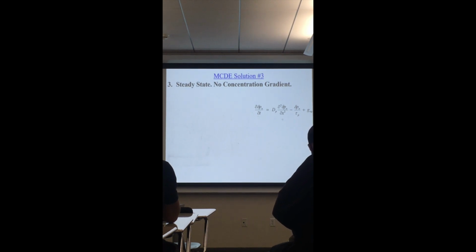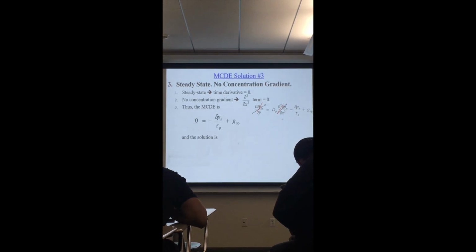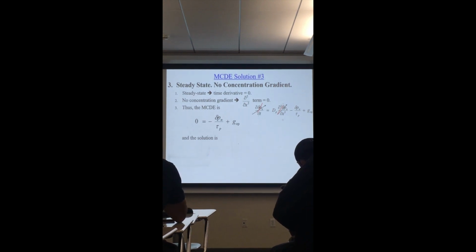So we have this 0 and this 0, and then we can write the simplified equation. Now what's the solution for delta p sub n?